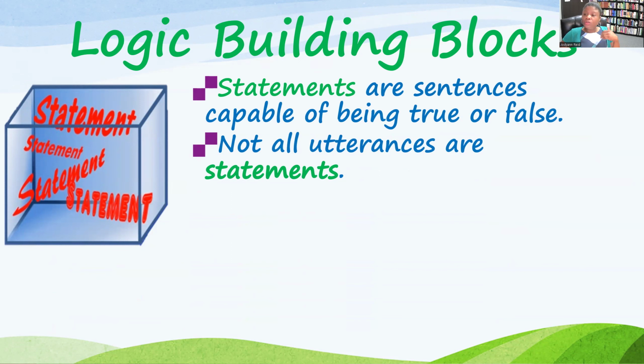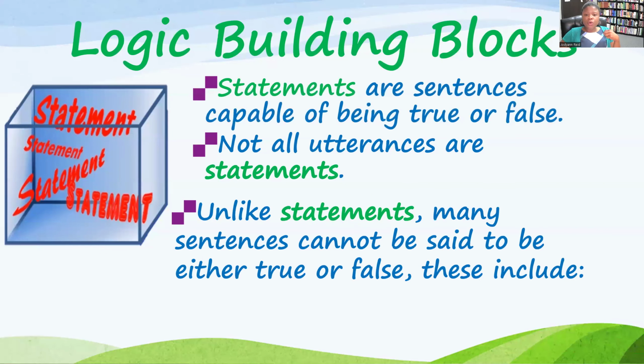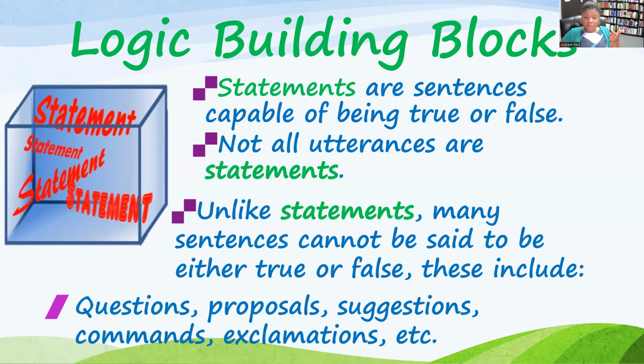Not all utterances are statements, right? Because remember this, in order for a sentence to qualify as a statement, it must be able to be true or false. So there are some sentences that are not statements, and they include questions, proposals, suggestions, commands, exclamations, etc. You could go on and on.